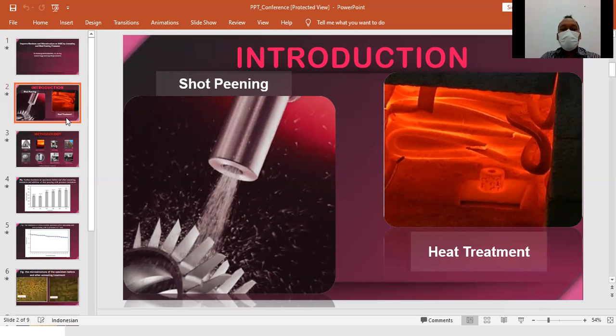One of the surface treatments that is often used in the industrial world is peening. This study aims to determine the effect of annealing and peening on S45C on hardness and microstructure.